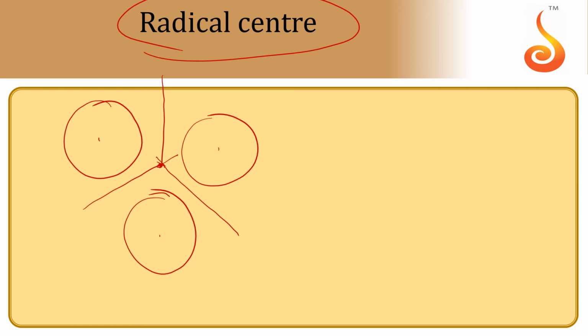This is a point from where if you draw a tangent to any of these three circles, the length of tangent will be the same. Taking the radical center as center and the length of tangent as radius, you can construct a circle which will be orthogonal to all three circles.